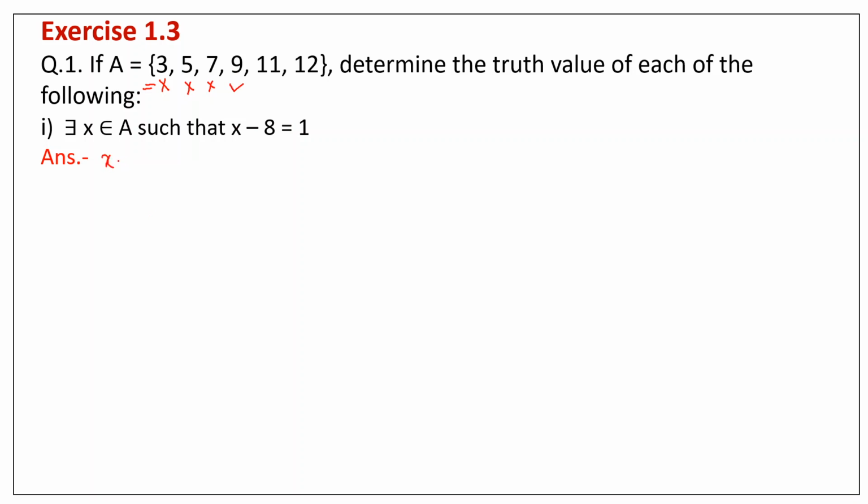Therefore we write x equals 9 belongs to A satisfies the equation. Therefore the given statement is true, because there exists at least one, and we got x equals 9 which satisfies the equation.